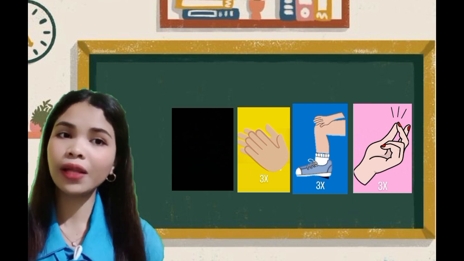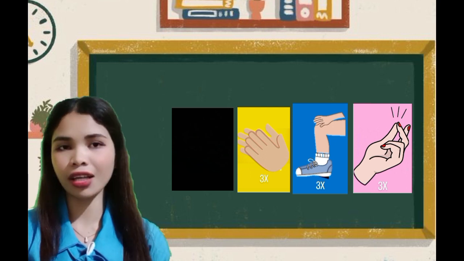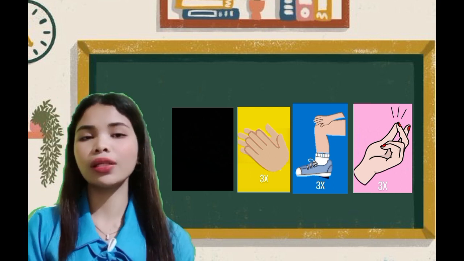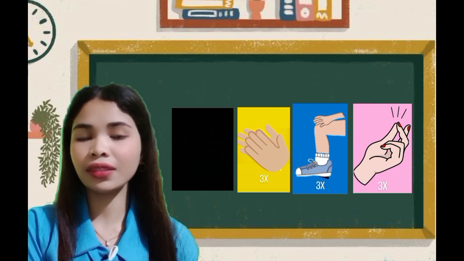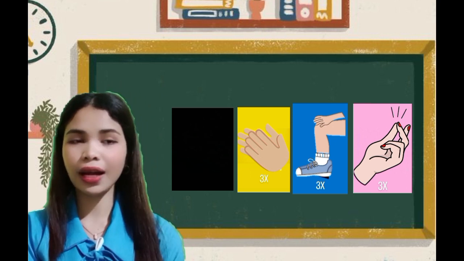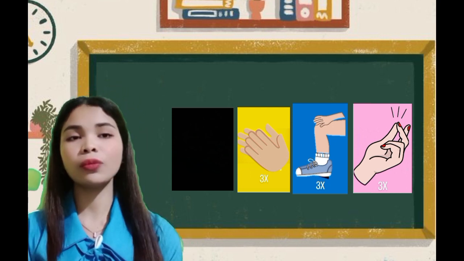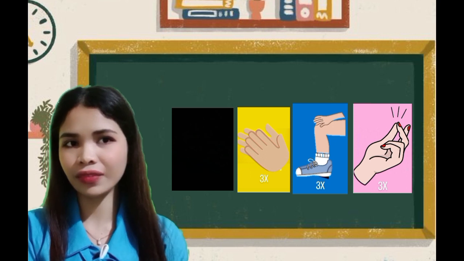Okay, now I will play music and you will perform different body percussion. The group who performs this activity well will get a perfect score. Are you ready, class? Now I will give you 1 minute to practice this activity.